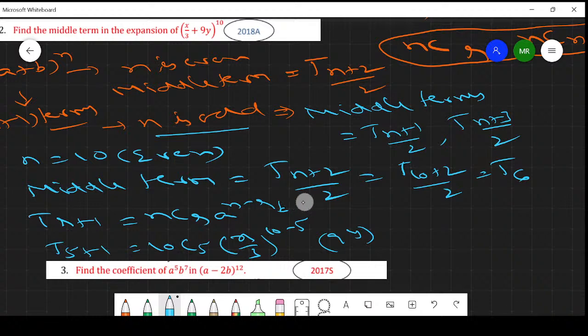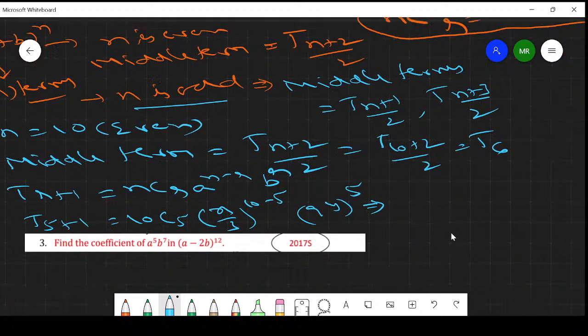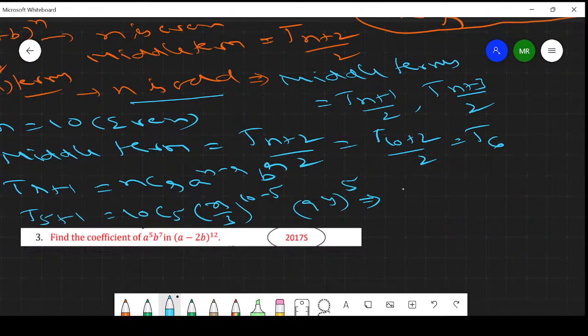Simplifying, T6 is equal to 10C5 times (x by 3) whole power 10 minus 5, that is (x by 3) whole power 5, and (9y) whole power 5, which I can write as 9 power 5 into y power 5, with 3 power 5 in the denominator.